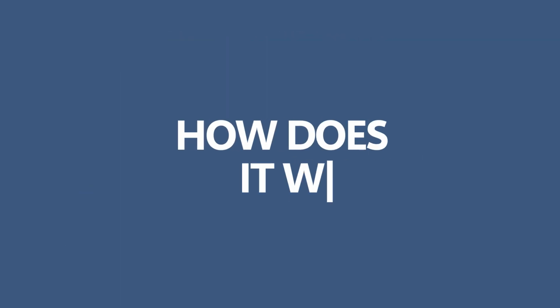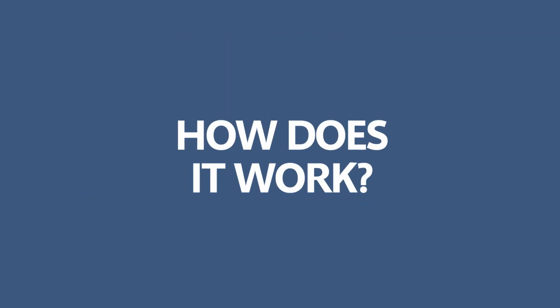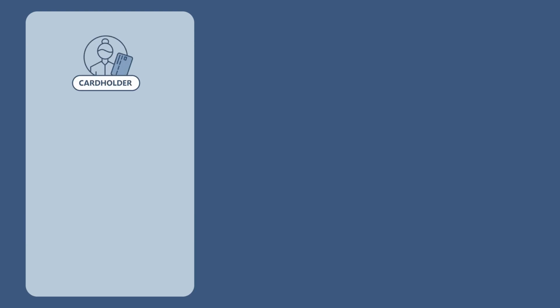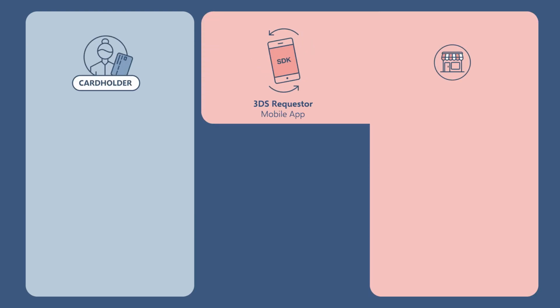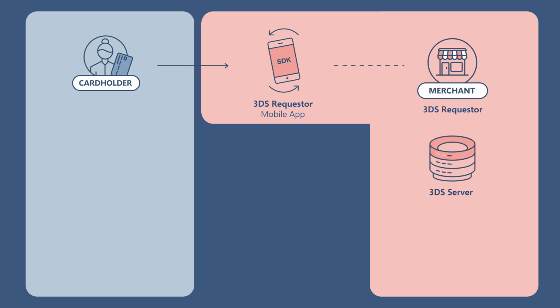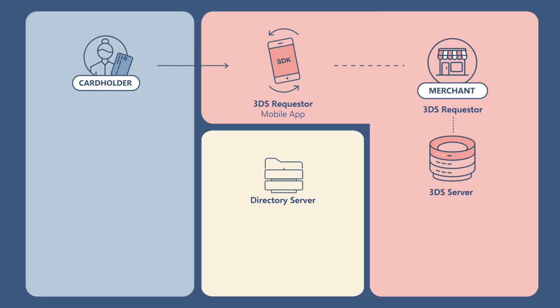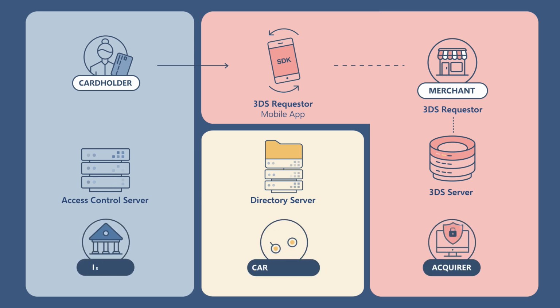So, how does it work? The cardholder puts their products in the cart, and goes to the checkout screen to make the online payment. With NetCetra 3DS server, the cardholder authentication process starts with the versioning request that includes the card number, sent by the PSP to the 3DS server.